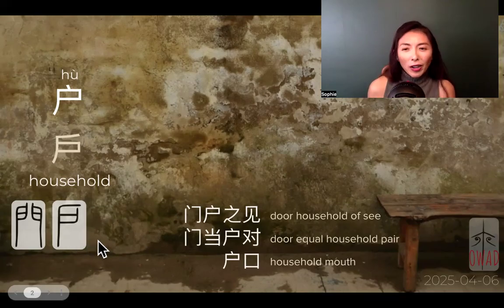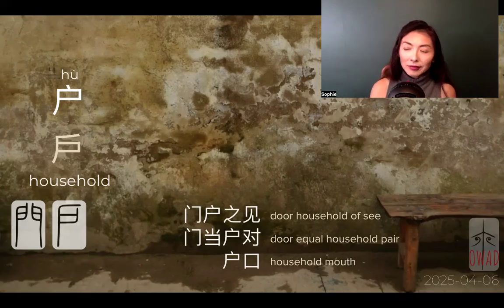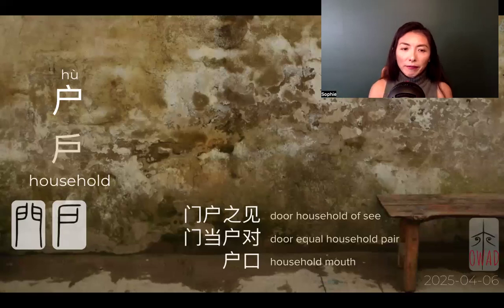And I would argue probably double panel doors are for bigger houses, because double panel matches the size of the house, the physical structure. And the majority of people in ancient times, the masses, could only afford a single panel door.